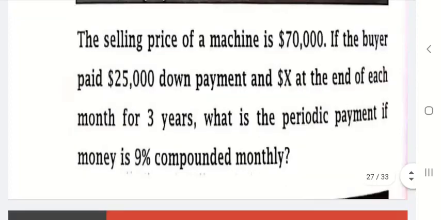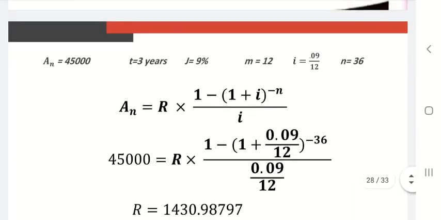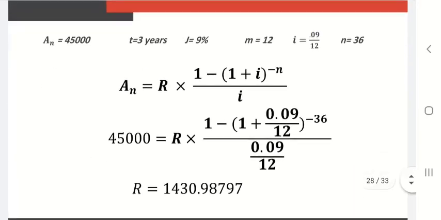Now, by substituting for A sub n $45,000 and T equals 3 years, J equal 9% and it's compounded monthly, so M equal 12 and I will be equal to 9% over 12.